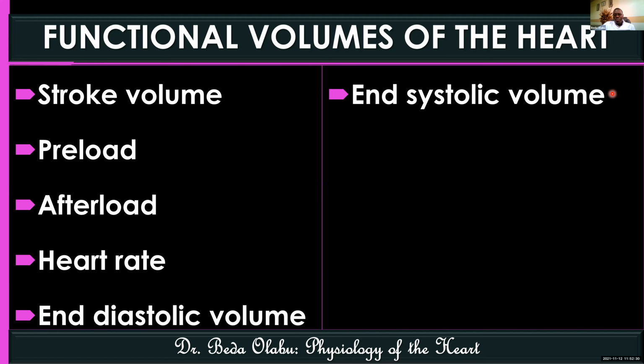That is stroke volume, because it is the volume that was ejected in a single contraction. And so if you know that SV is equal to EDV minus ESV, you can still then calculate ESV if you're given those two, or you can calculate EDV if you're given those two.